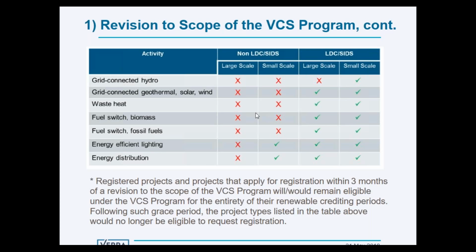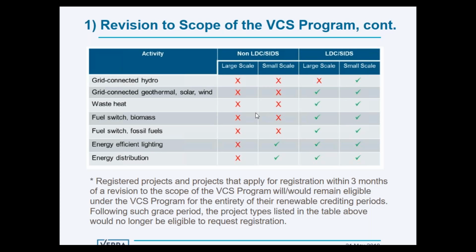So in respect of grid-connected wind, we're proposing to exclude those in the large-scale and small-scale case in non-LDC SIDS countries. And we would continue, or those activities would continue to be eligible in the large-scale and small-scale scenario if those projects are located in an LDC or SID.